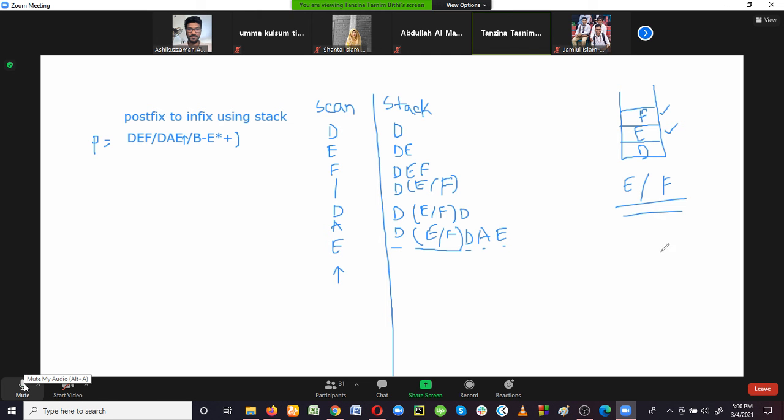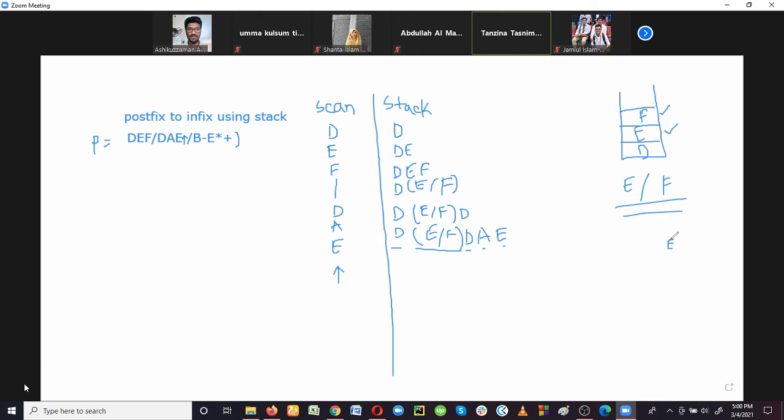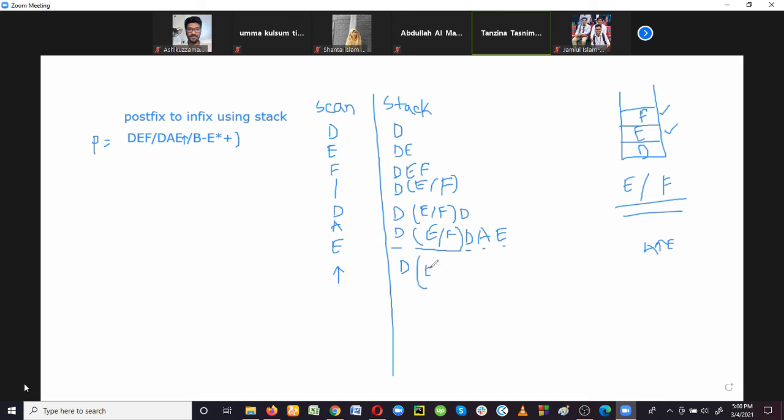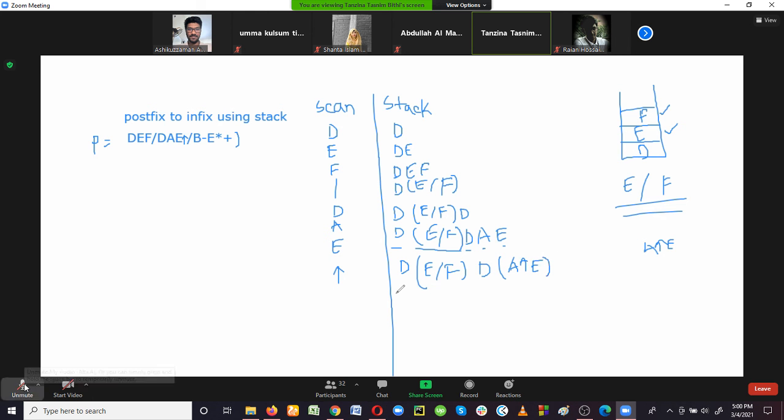E. Okay, and the next topmost element, that is second topmost element, is A. So we can place the operator between these two operands. So in the next step we can write D and then E divided by F and then D, A exponentiation E. Clear? Yes, ma'am.